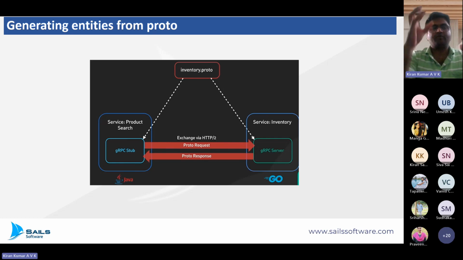So this proto file should be present in order service as well as in payment service, so that the plugin which we include in both these services will generate those Java classes, and you can use either of these classes as client or server. Both can act as client and server. So that is how you actually work with gRPC.